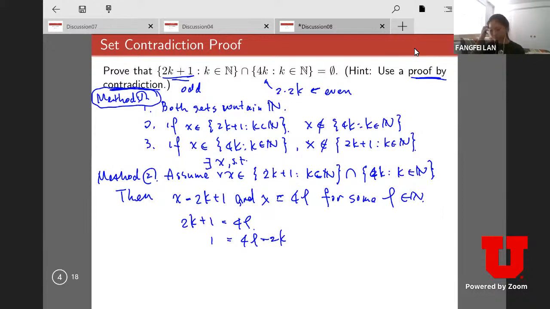And then we can factor out a 2. So we have 2 times (2L minus k) is equal to 1. And then we divide by 2 on both sides, we get this. And now do you see a contradiction?